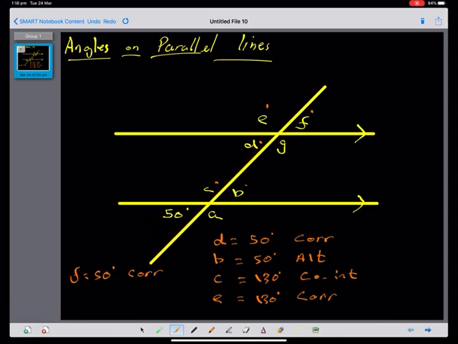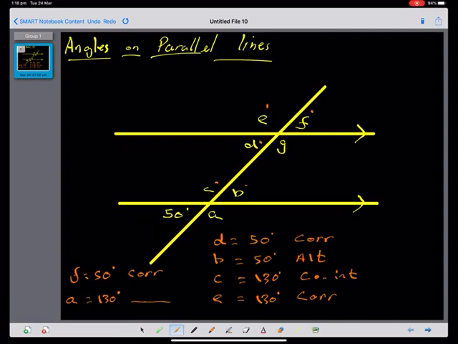And let's do A. We can say that A is 130, and A corresponds to G, but we can also say that we need to add 130 on to 50, and let's use straight line here.